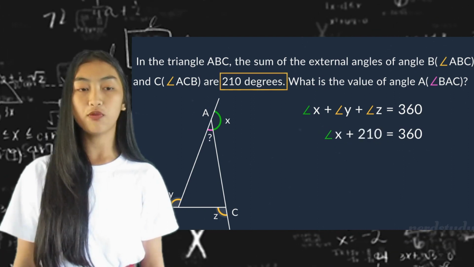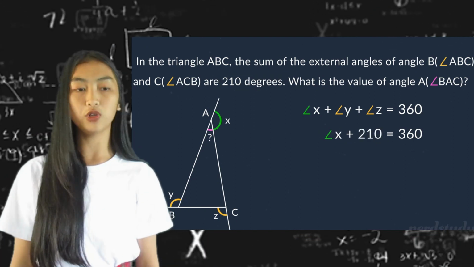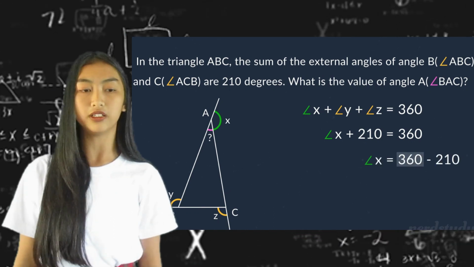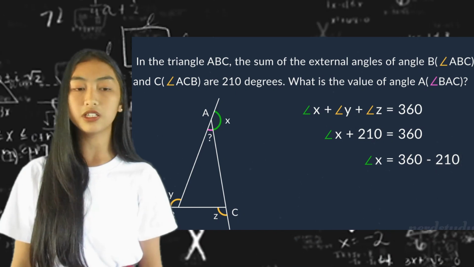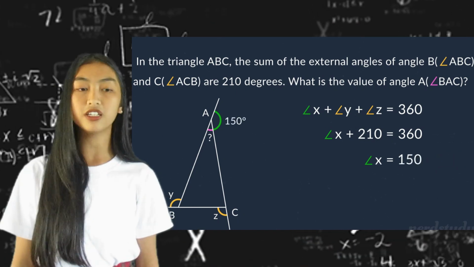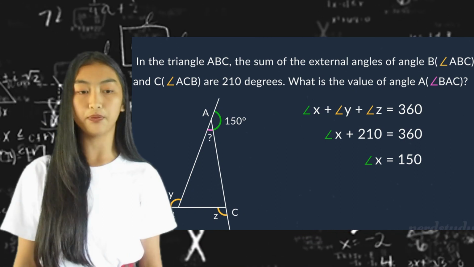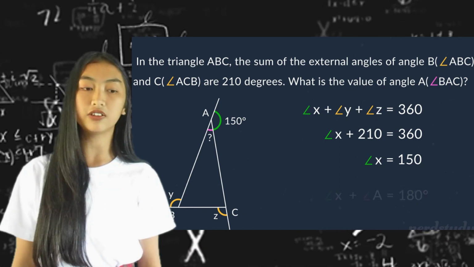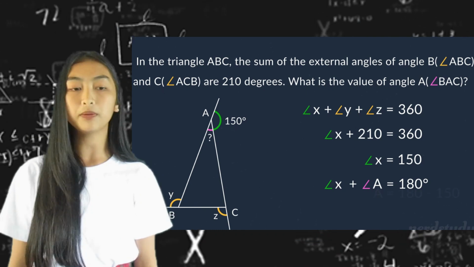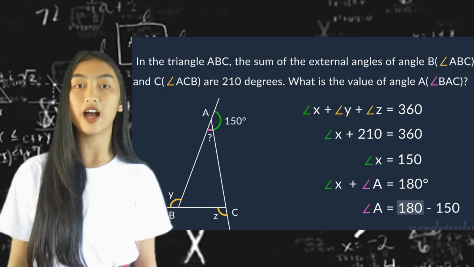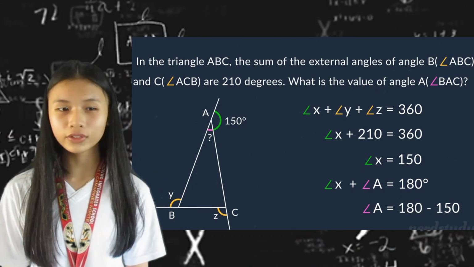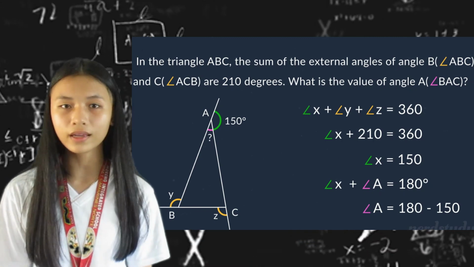This means that to find the last exterior angle, all we need to do is 360 minus 210 to get 150 degrees, and from here, we just need to remember that an interior and exterior angle always add up to 180 degrees, and this means that 180 minus 150 equals our interior angle. Therefore, the answer to this question is 30 degrees as our value for angle A.